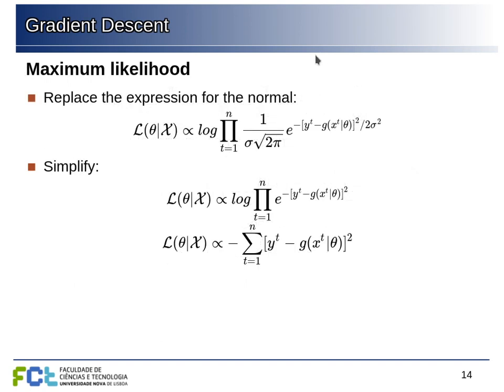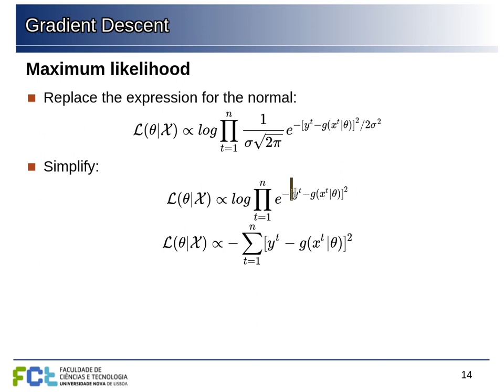So if we simplify this, we use the logarithm to convert into sums, and we remove this e here, because since we are computing the maximum, we're trying to maximize this expression. We can simplify this by simply looking at this expression here.